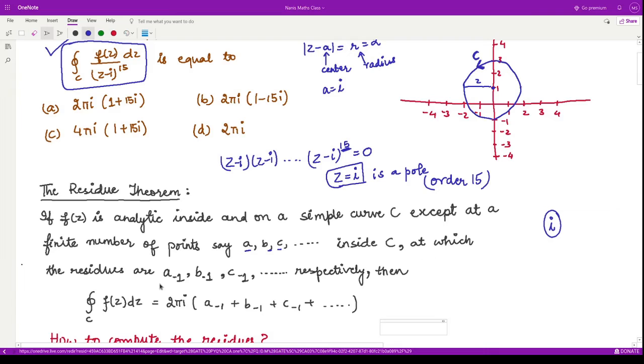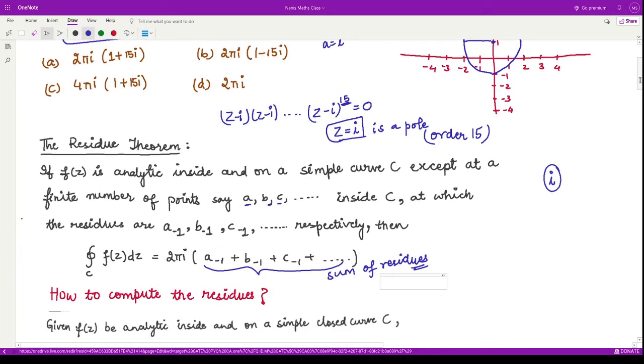Then if the residues at those points are denoted by a minus 1, b minus 1, c minus 1, then the integration is simply given by 2 pi iota multiplied by the sum of residues. So this is the formula, right? Here we are to calculate the residue at the point z is equal to iota.